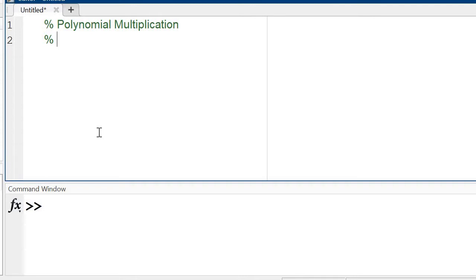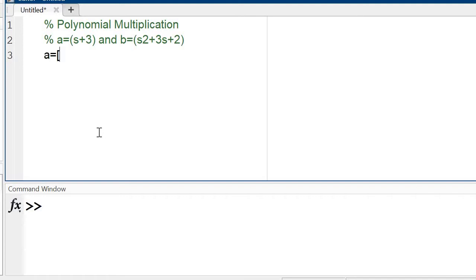two polynomial functions. A is equal to s plus 3 and B is equal to s square plus 3s plus 2. Now how to write these two in MATLAB?